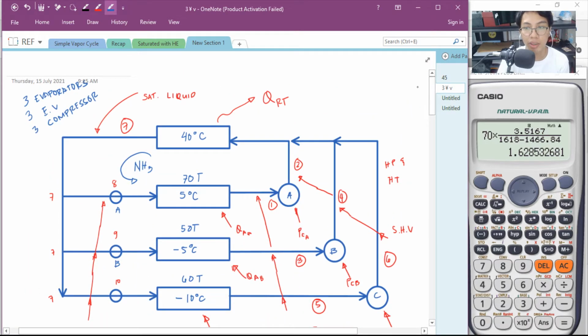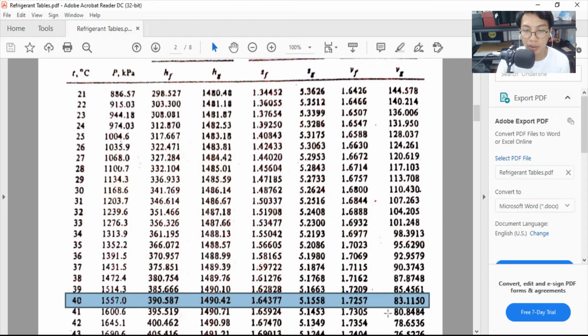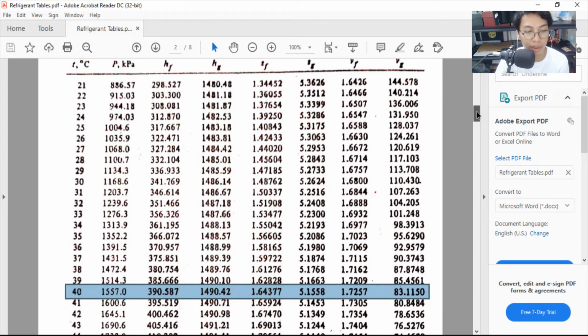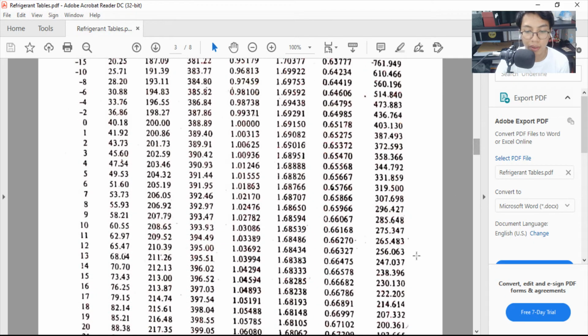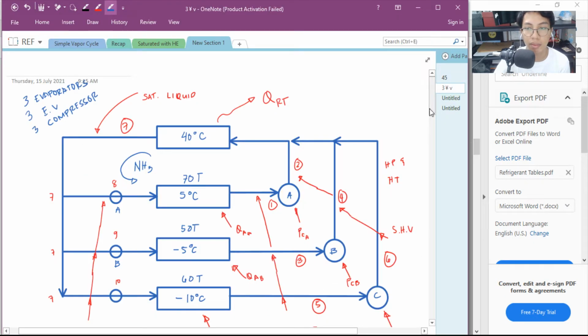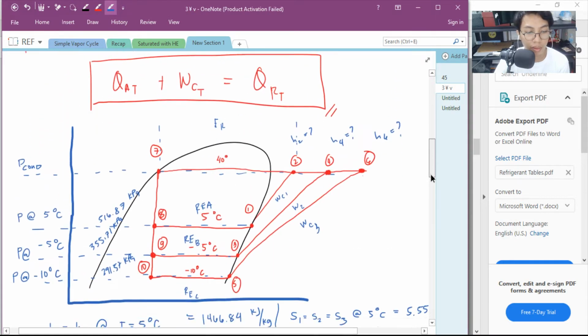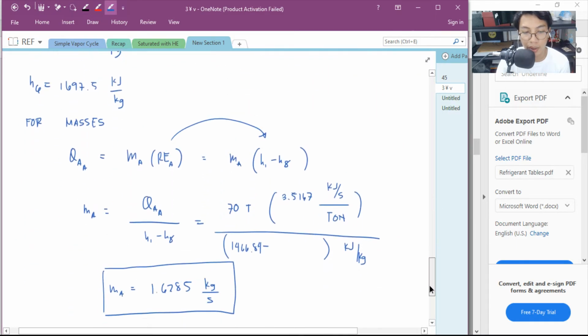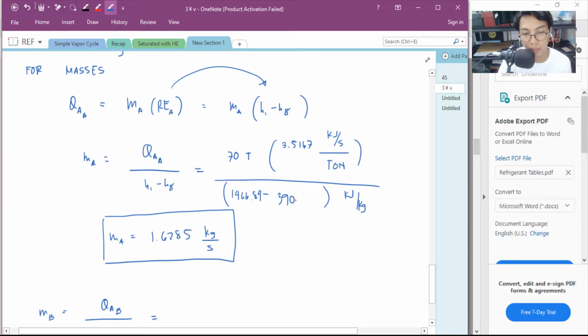Mali ako nang kinuha dito. HF, HG pala yan. Sa 40, HF is 390.587. My bad. Thank you dun sa nag-correct. Kaya pala malaki. 390.587. Medyo nalilito ka rin kapag tingin ka ng tingin sa graph. Hirap talaga yan. Scroll down ka.